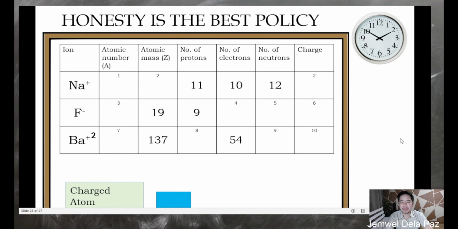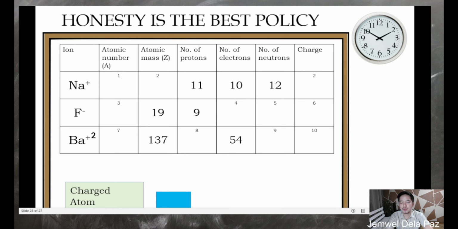Now, let us examine this table. We have here samples of ions, atomic number, atomic mass, number of protons, number of electrons, number of neutrons, and the charge. At this moment, you are allowed to use the periodic table.